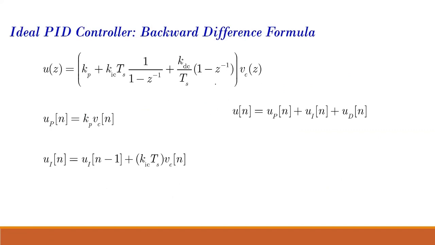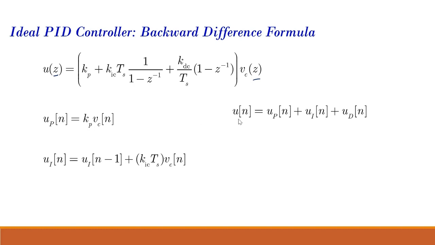So what happens? The control output also goes into the digital domain. The error signal also comes into the digital domain. When we perform these in discrete time, we don't use differential equations, we use difference equations. So this is the difference equation.